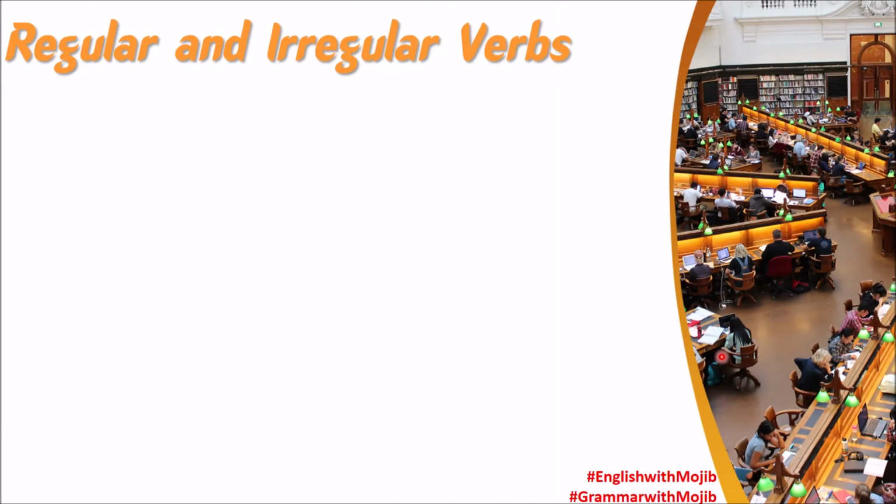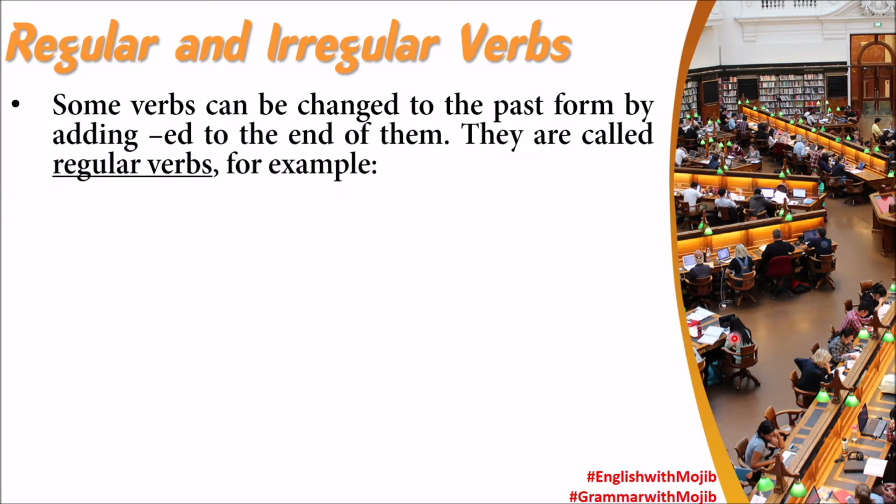Regular and irregular verbs. We have two kinds of verbs related to the past form and past participle of them. Some verbs can be changed to the past form by adding ed, which is pronounced d, t, or id, to the end of them.